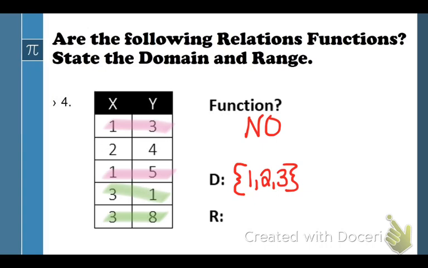It doesn't tell you that they are continuous, meaning connected. The dots are not connected if we were to graph them, so they're just a couple dots on a graph. Okay, range. The range is the outputs. Again, numerical order, so 1, 3, 4, 5, and 8.